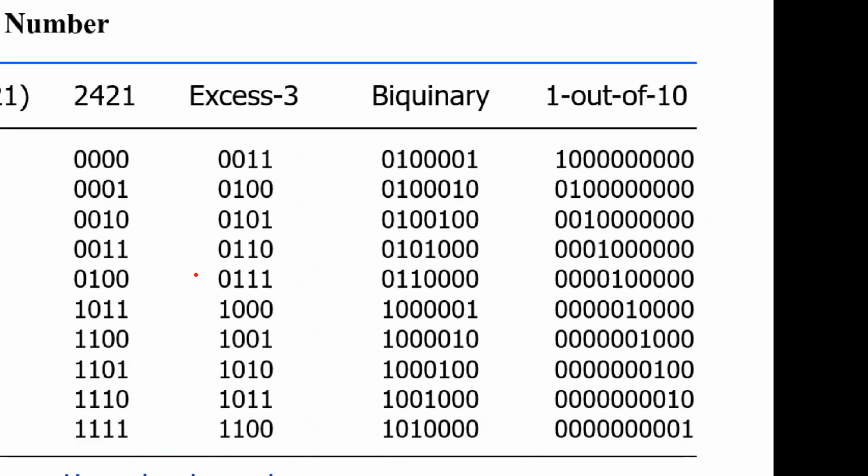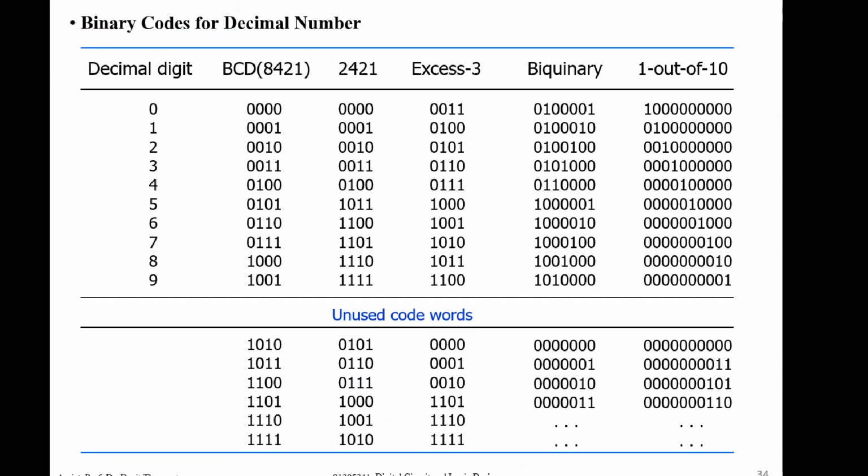And one more thing that you should note is, for example, for BCD, you use 4 bits, right? But 4 bits by themselves can represent up to 15, right? But you use just from 0000 to 1001, from 0 to 9, right?